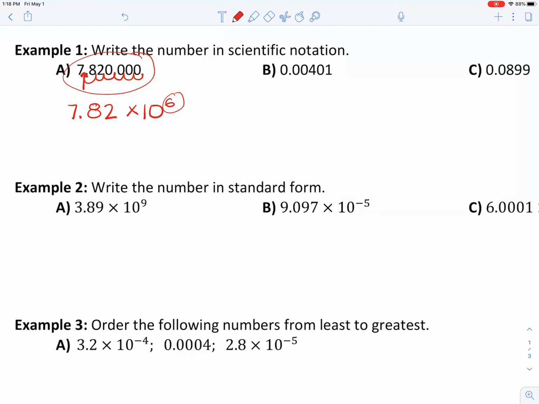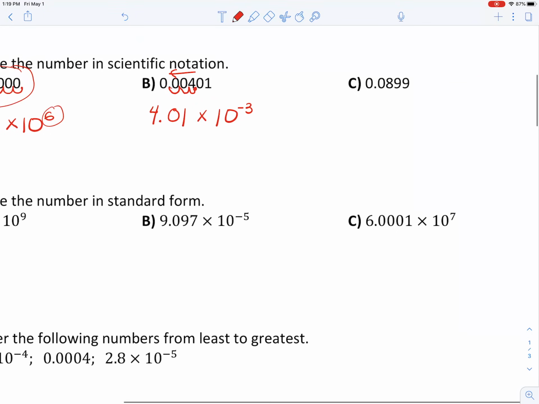That was a large number, so I'm just double checking, is my exponent positive? Yes, it is. Okay, next, we want the decimal point to be after the 4, so it's going to be 4.01 times 10 to the, and now we have to figure it out. So it's 1, 2, 3. So it's going to be negative 3 because we moved it 3 to the left.